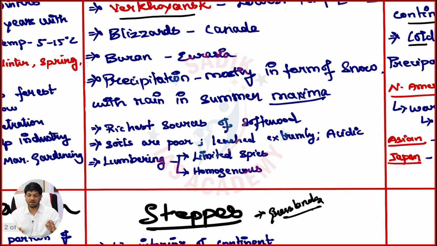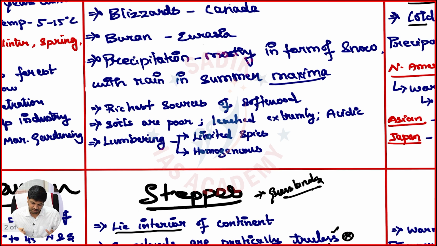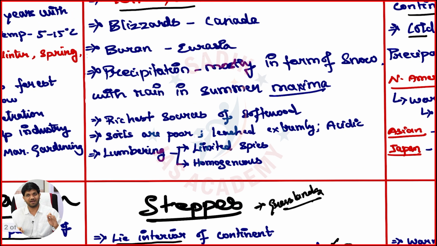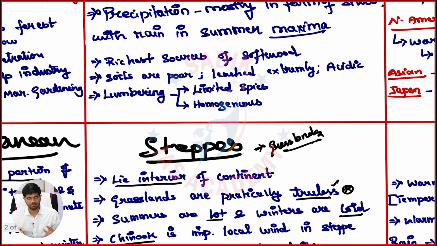And they will receive their rain also in summer. So because of this, it is also called summer maxima. And these lands have one of the richest sources of softwood, and the soils are poor.